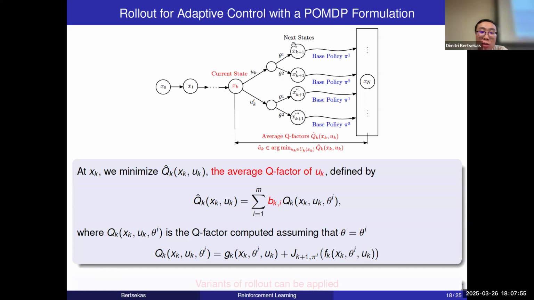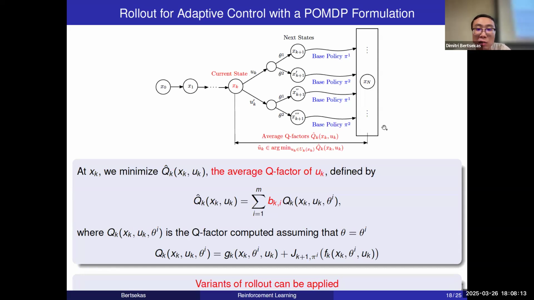And after enumerating all the situations, all the thetas, we average them using the weight that is our current belief that theta equal to theta i.